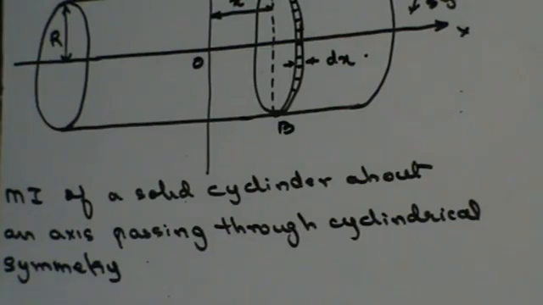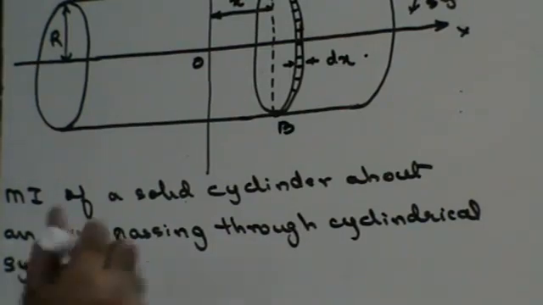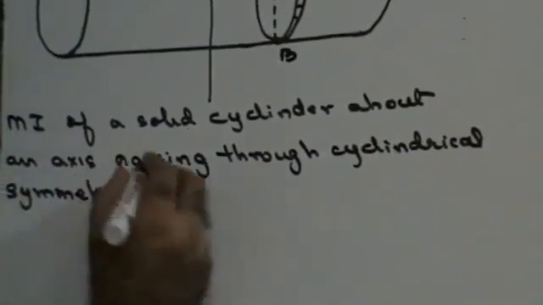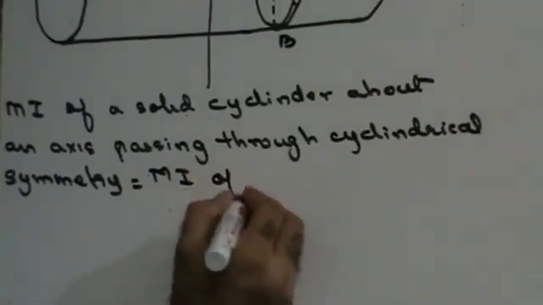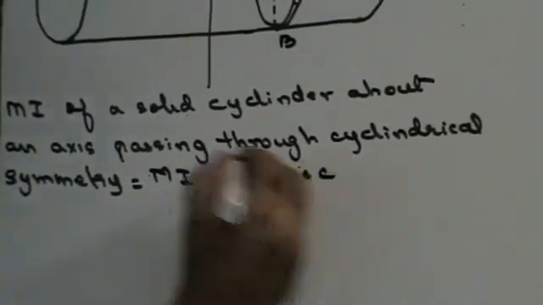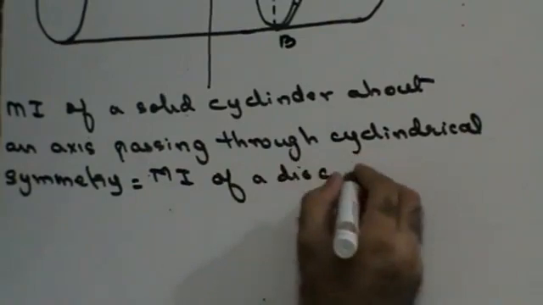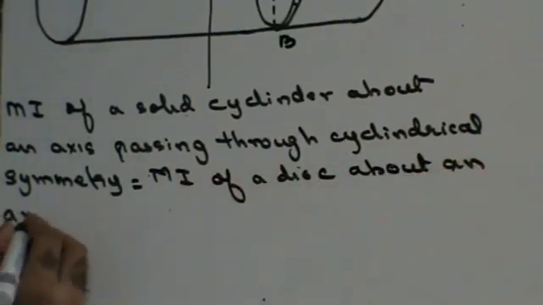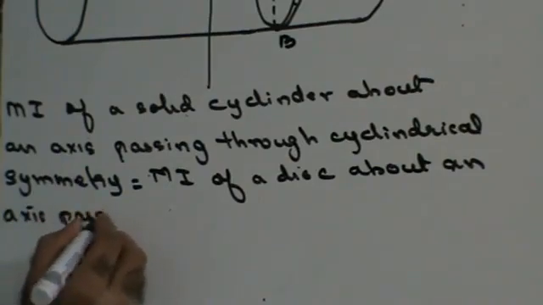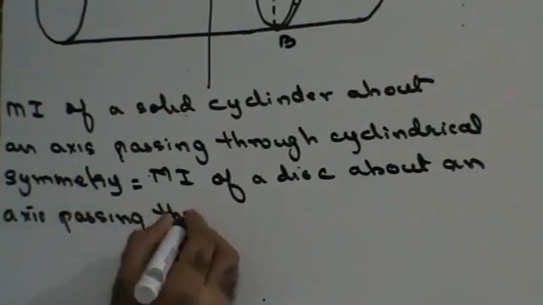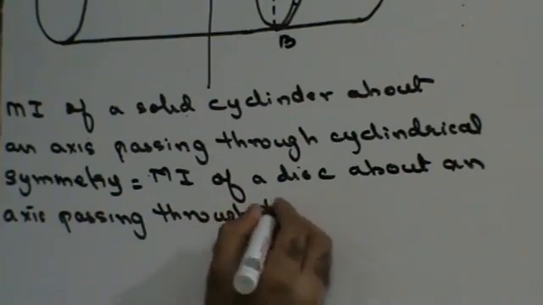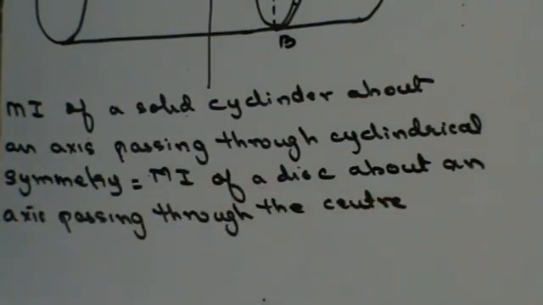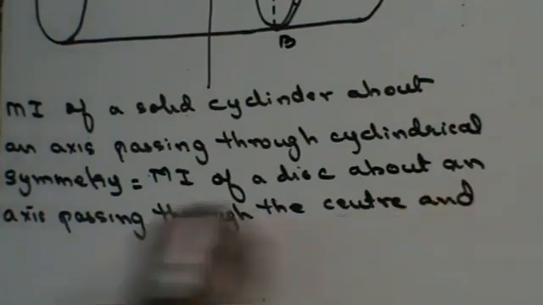So I can say therefore this is going to be equal to the moment of inertia of a disc about an axis passing through the center and perpendicular to its plane.